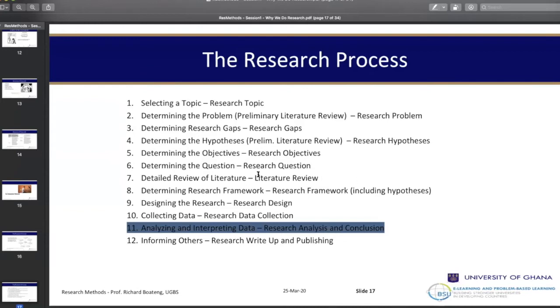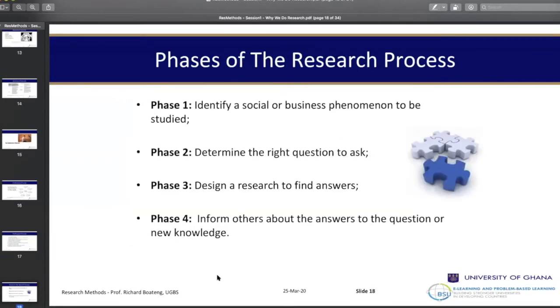Okay. I could also summarize this into 4 steps. First, you identify the social or business phenomenon you want to study. For example, somebody may be concerned about studying corruption or leadership in the public sector.